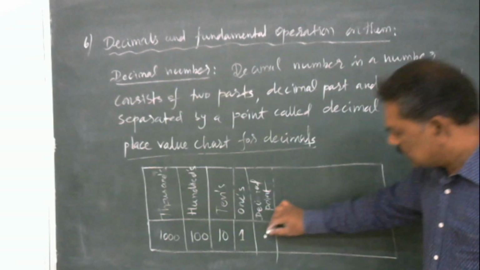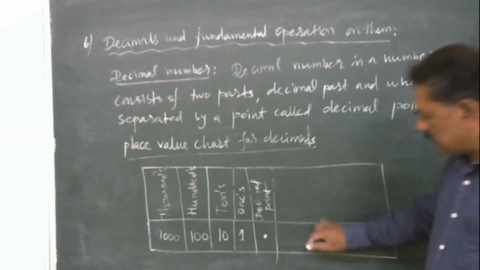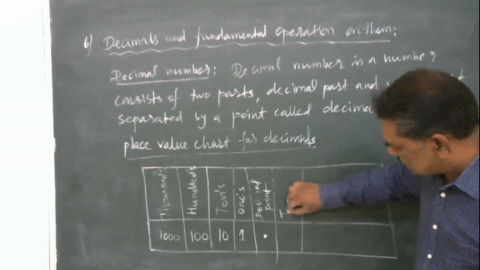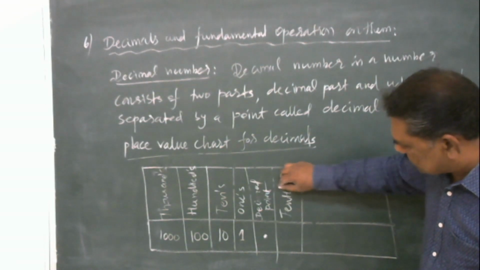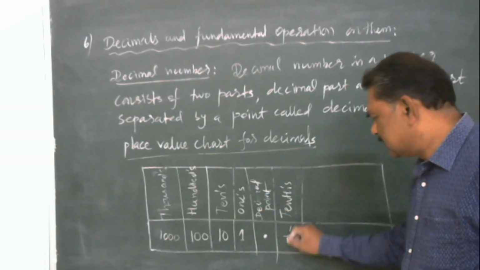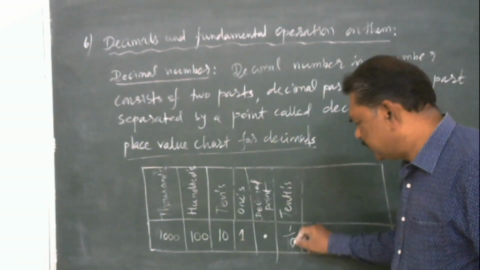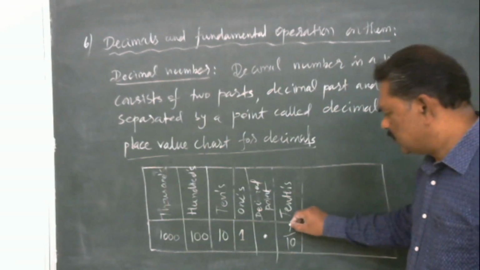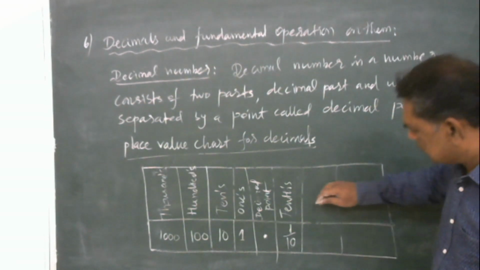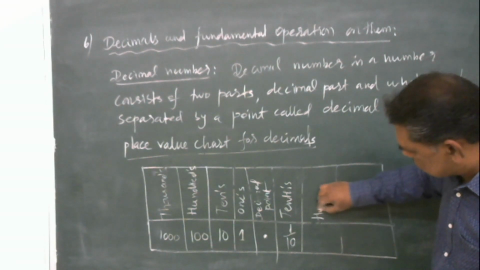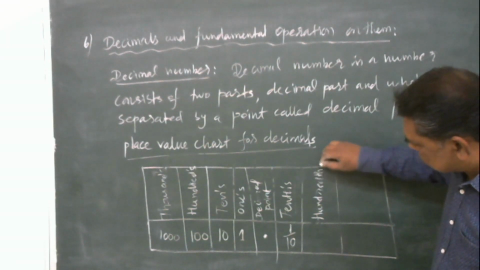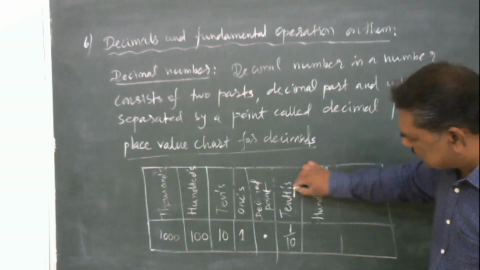Then immediately after the decimal point, we have the tenths place. It is 1/10 of a unit. The next place is hundredths.